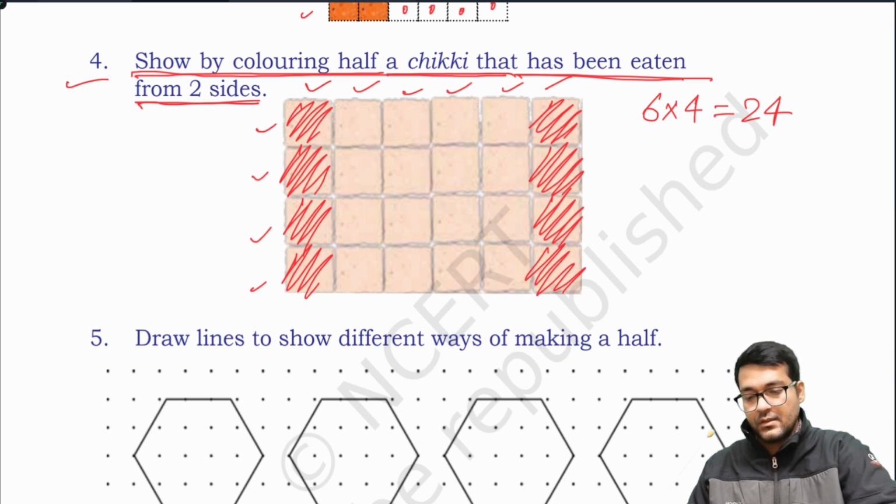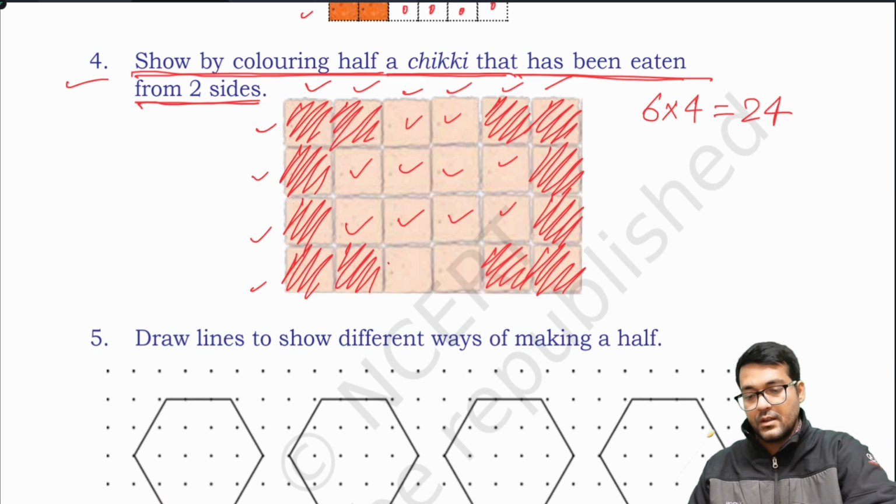You can draw like this, 9 and 10. Here 11 and 12. Things that remain will be 12. You can count 1, 2, 3, 4, 5, 6, 7, 8, 9, 10, 11, 12. That means half has been eaten from both sides. That has been colored.